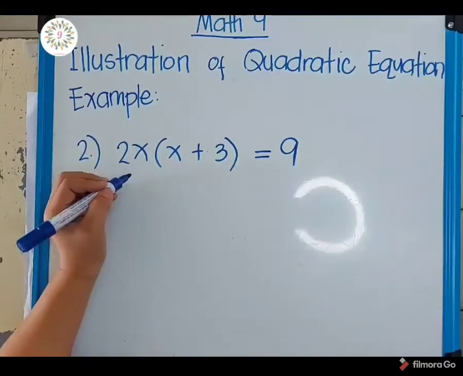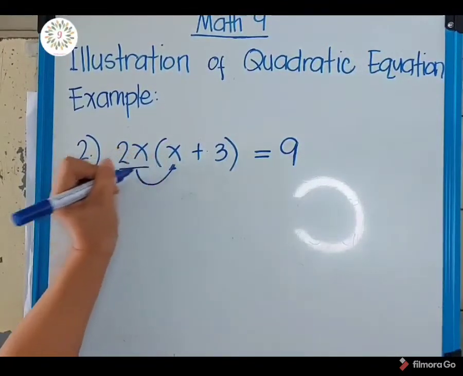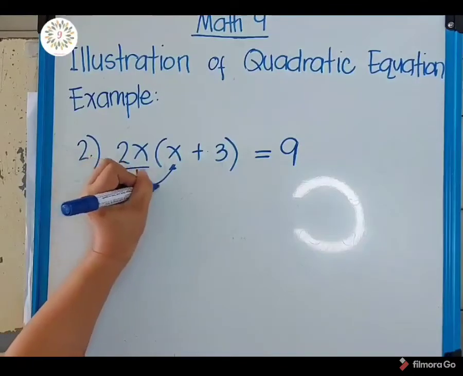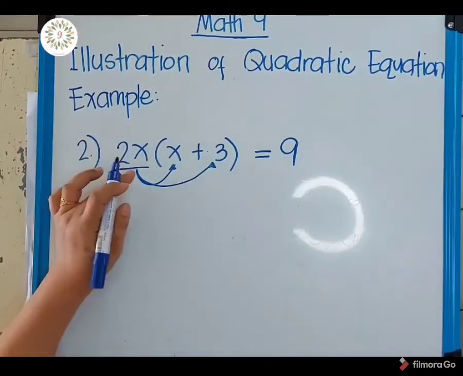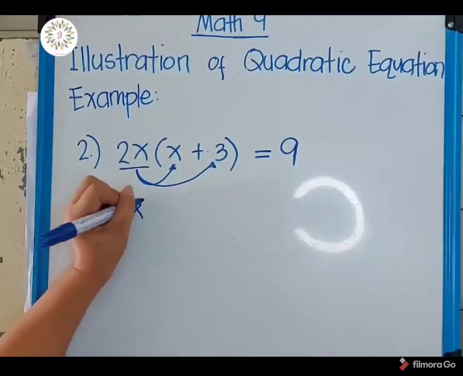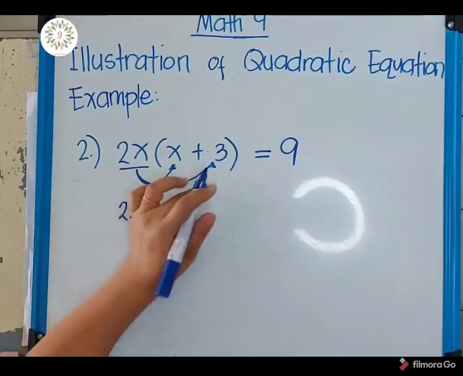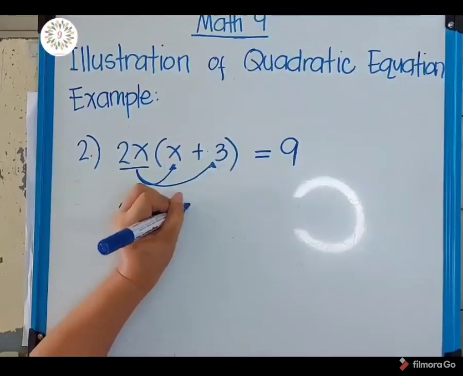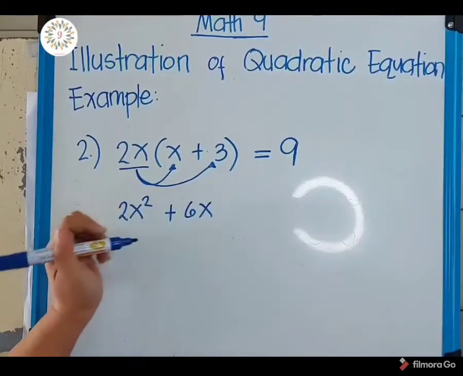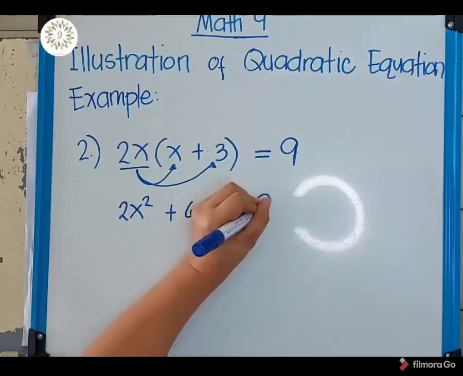Let us multiply 2x times x and then 2x times 3. What is 2x times x? We have 2x squared. 2x times positive 3 is positive 6x. And then bring down equal to 9.